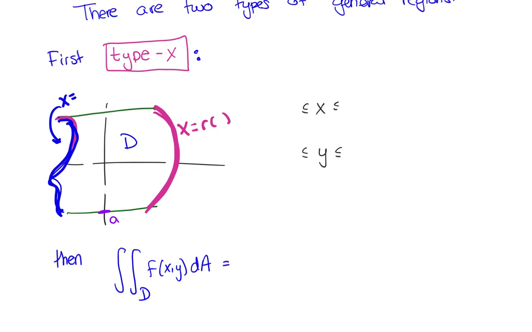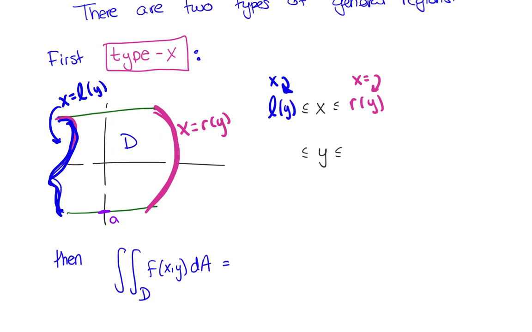So the x goes from some left function to some right function. Those are x equals functions because it's all x focused here, and if it's an x equals function, then it should have y's inside of it.